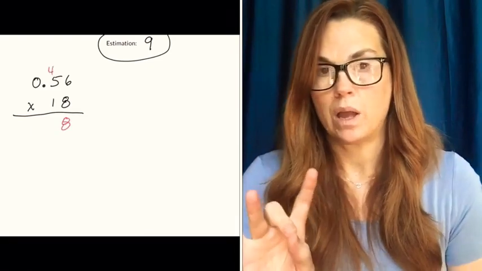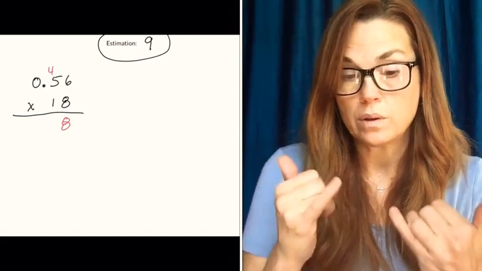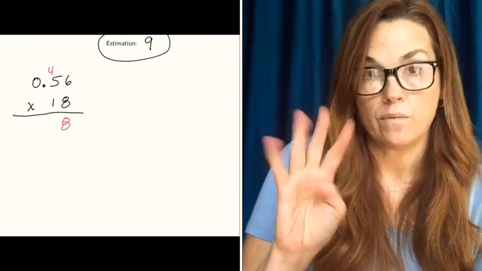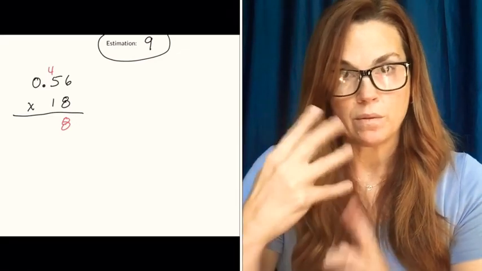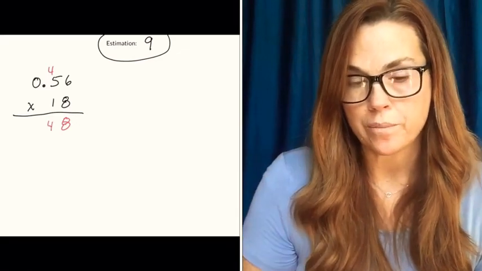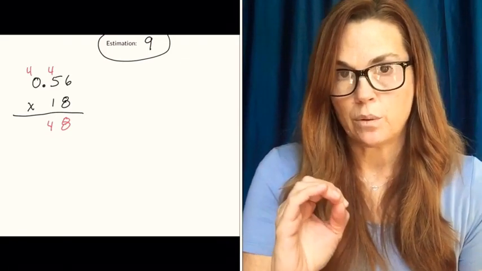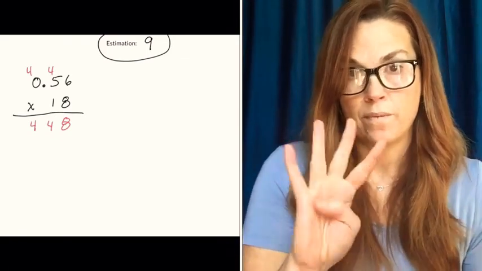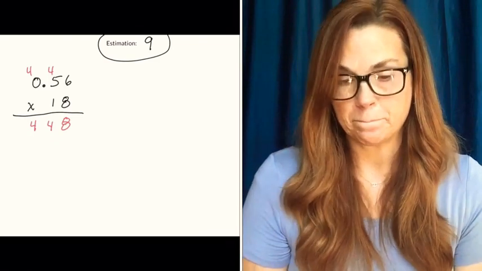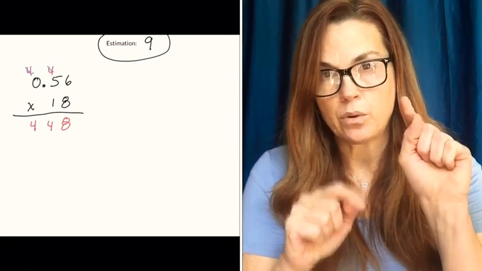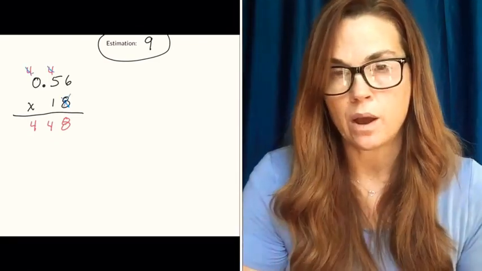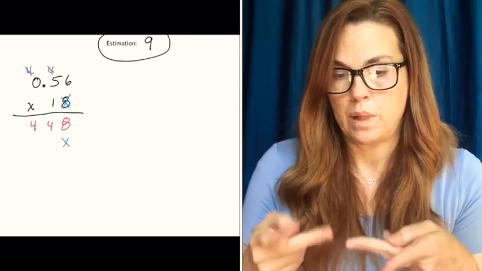Carry the 4. 8 times 5 is 40. 40 plus 4 is 44. So I carry the 4. And then 8 times 0 is 0. Plus 4 is 4. Okay, so now I'm going to cross out the numbers I carried over, cross out the number I just multiplied, and add a placeholder down here.